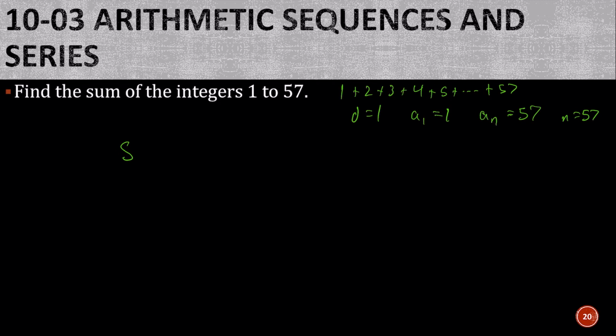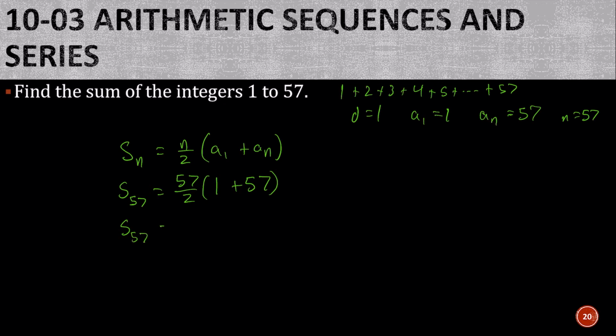So our sum is n over 2 times a_1 plus a_n. We're adding the first 57 numbers, so n is 57. Our first number is 1, and our last number is 57. And so that gives us 57 over 2 times 58, which is 1,653.